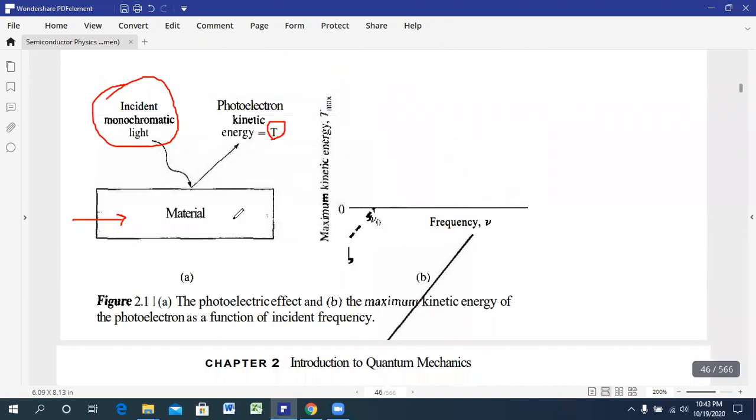This phenomenon is known as the photoelectric effect, and the energy is E equals h nu, where nu is the frequency.